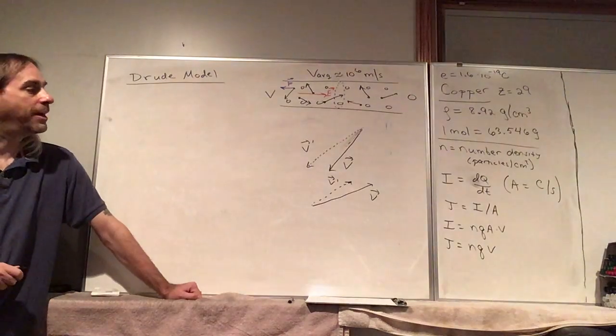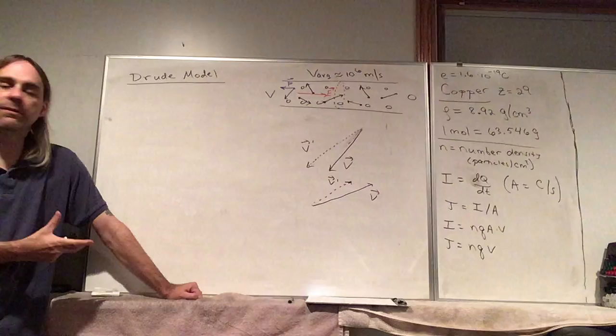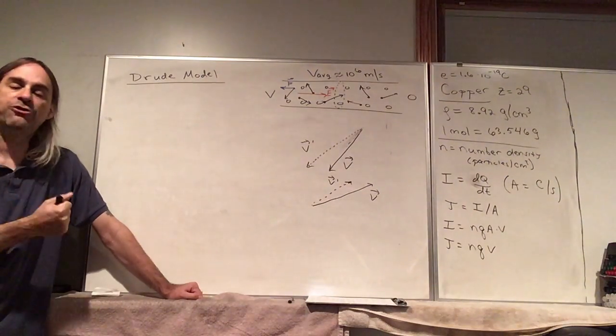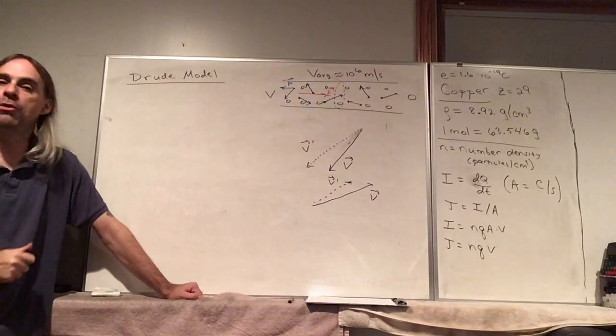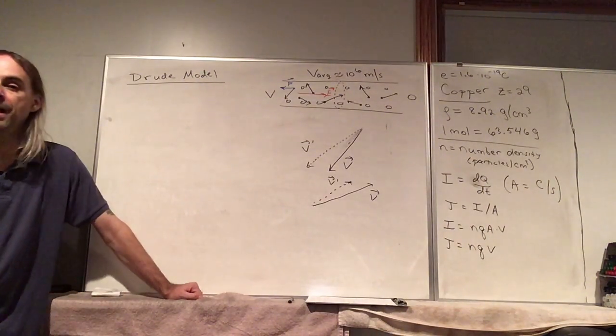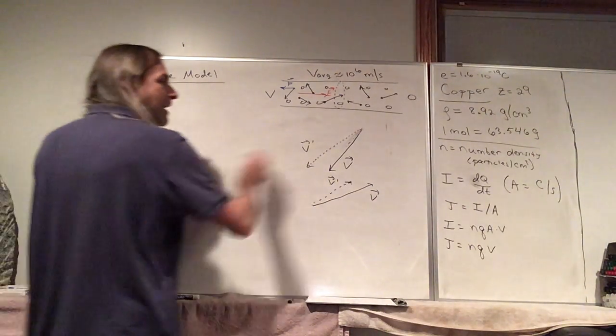So we're basically assuming that we have an electron gas where the motion in the absence of an electric field is totally random, and the collisions completely randomize the motion again. So it's going to hit an atom, and then the velocity afterwards is going to be random. So let's look at one electron.